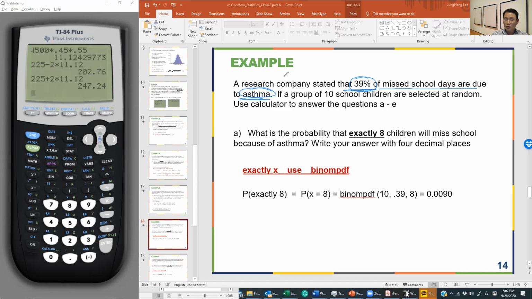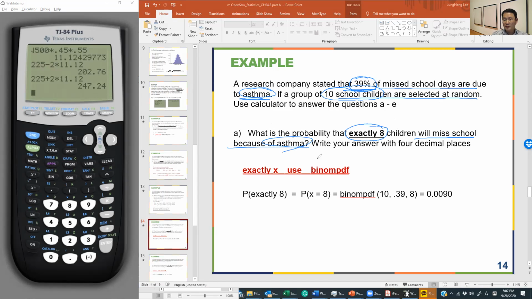Okay, so if a group of 10 school children are randomly selected, what's the probability that out of 10, exactly 8 of them will miss school because of the asthma?